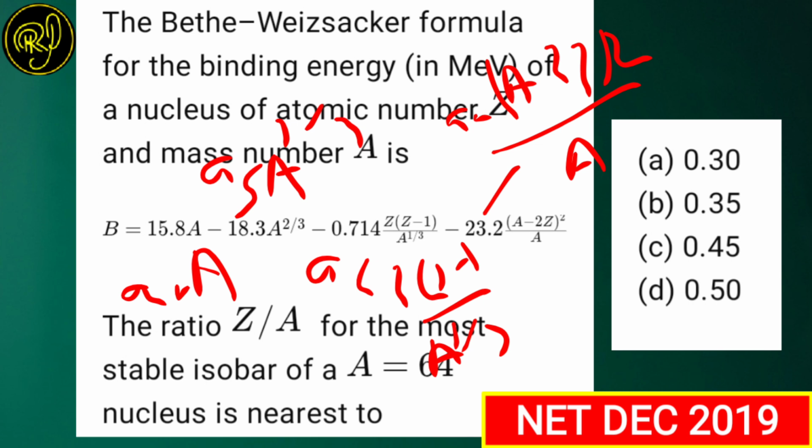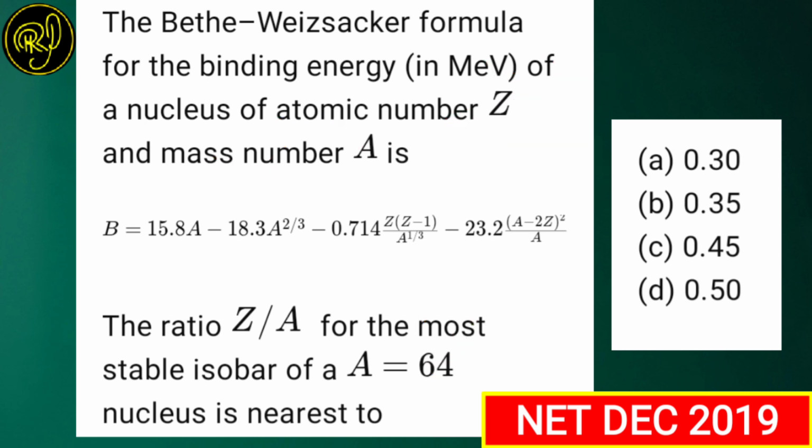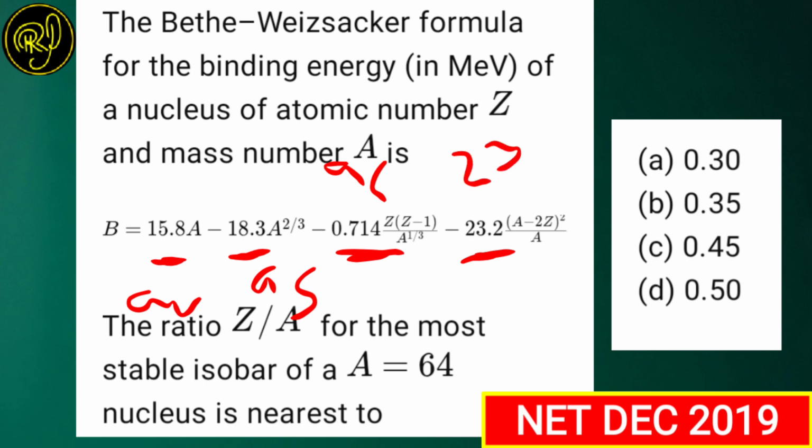If you compare all these, then you can get that here A_V is 15.8, A_S is 18.3, A_C is 0.714, and A_sym, that is 23.2, is the symmetric energy term.